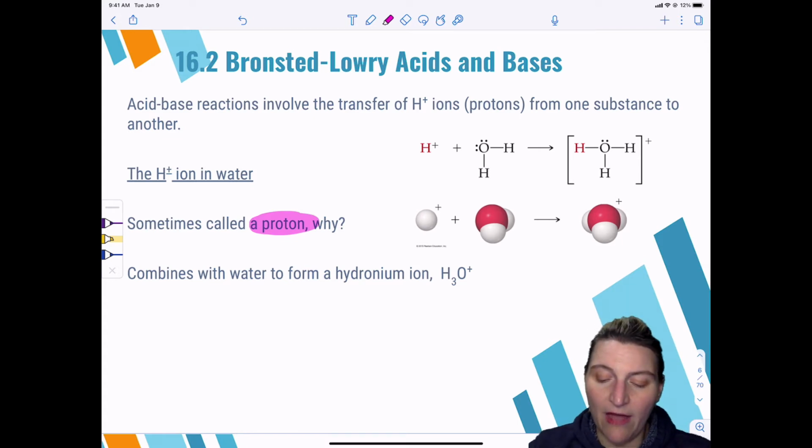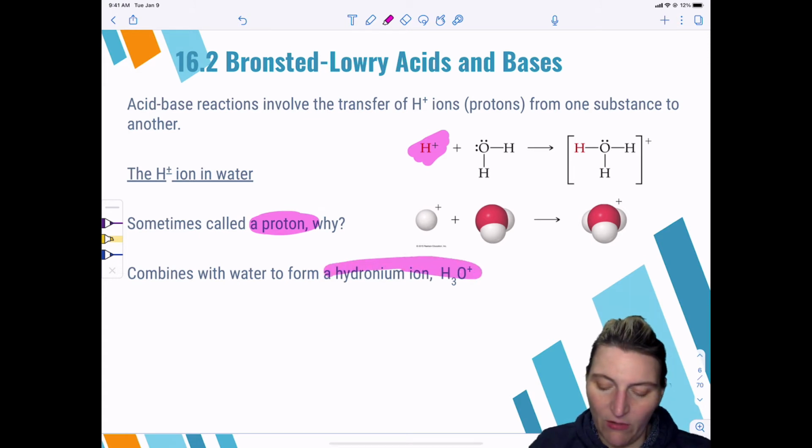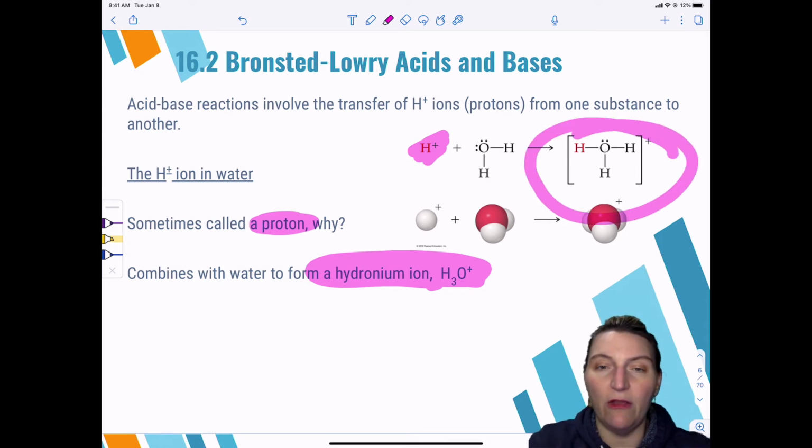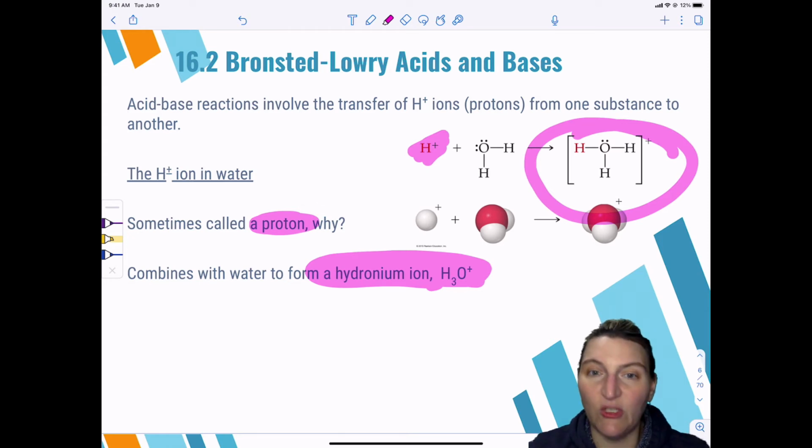And that hydrogen ion really doesn't exist just floating around in water. So a more accurate way to represent it is this thing that we call the hydronium ion, or H3O+, just showing it complexing, or getting together, making a covalent bond with water. So H3O+. And we're going to use H+, hydronium, proton.